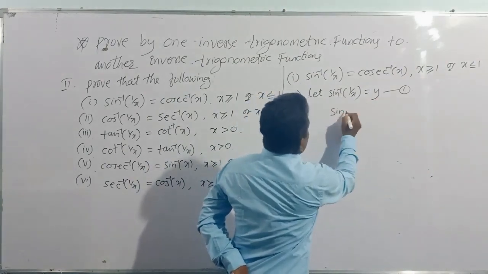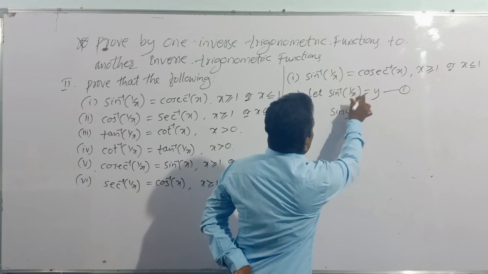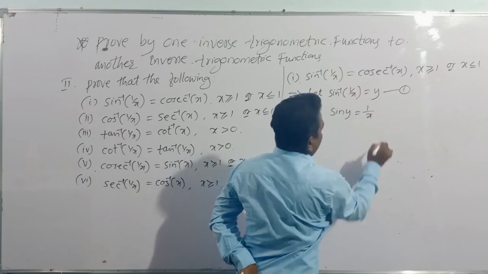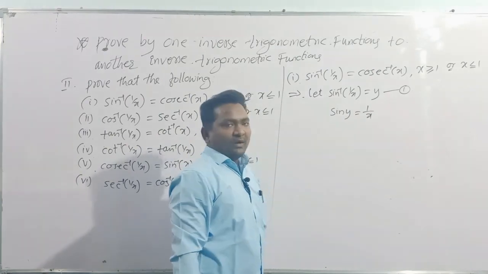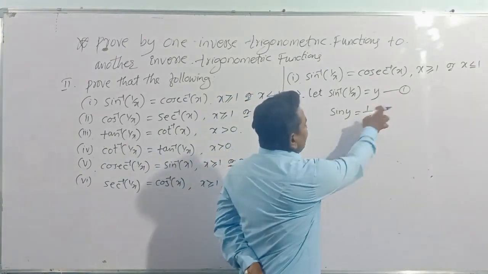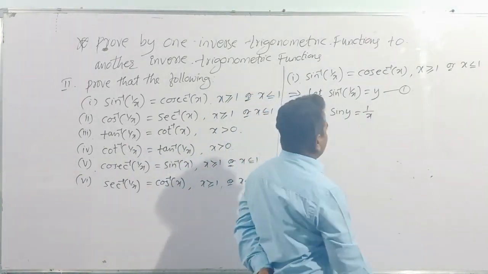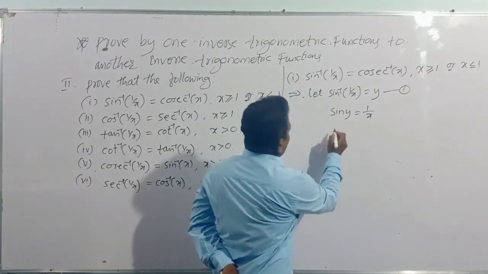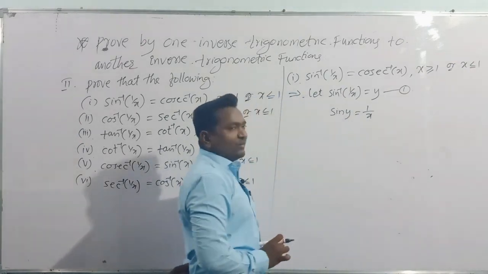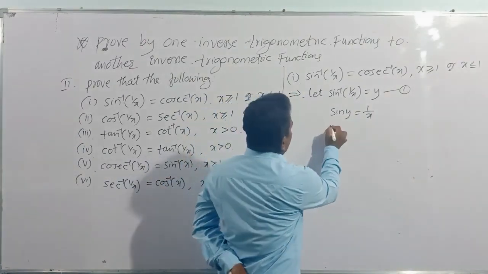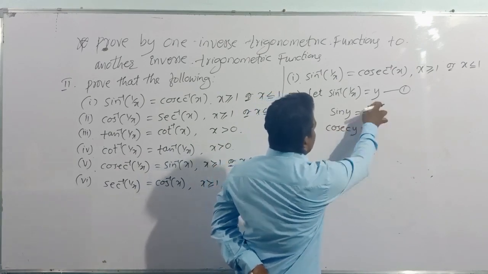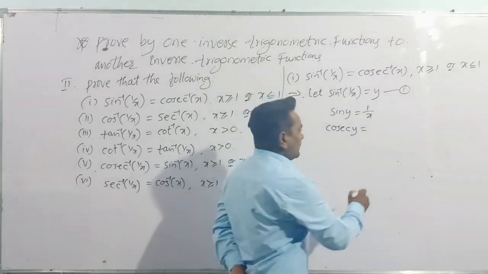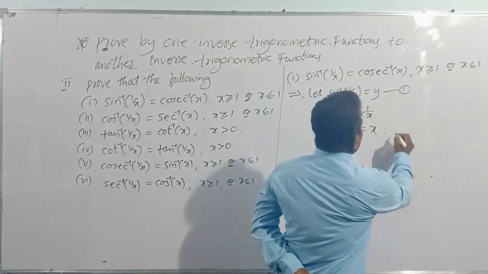Can I write sin y is equal to what remains, 1 by x. Sin y is equal to 1 by x. Now taking reciprocals on both sides, what will we get? The reciprocal of sin y is cosec y, and the reciprocal of 1 by x is x only.